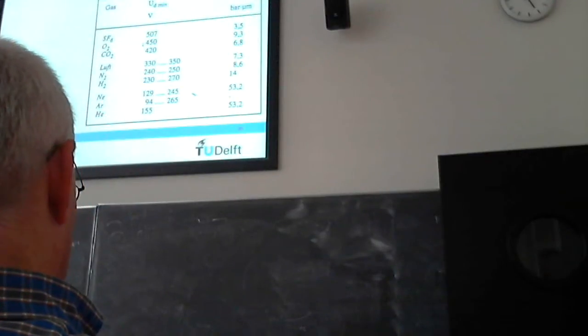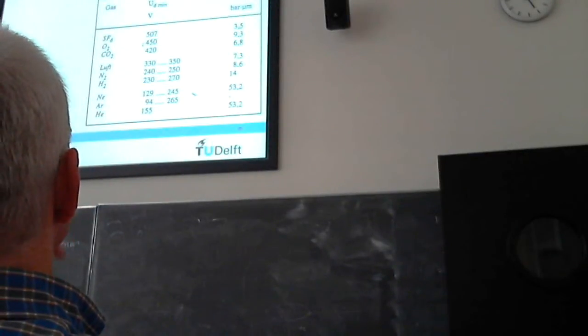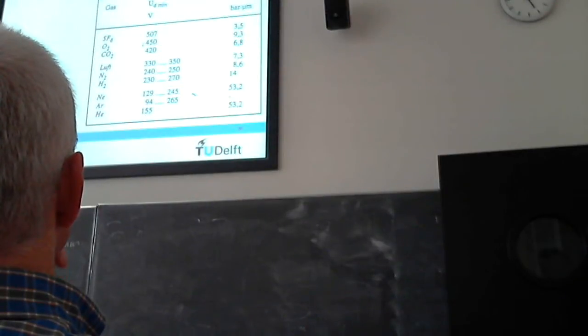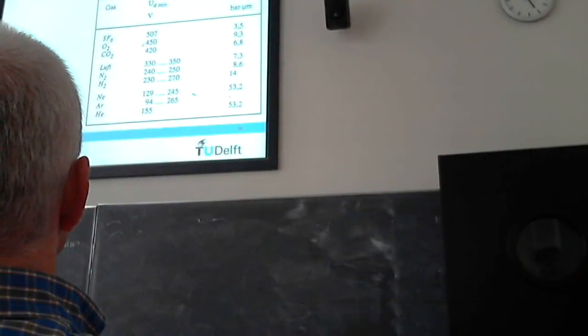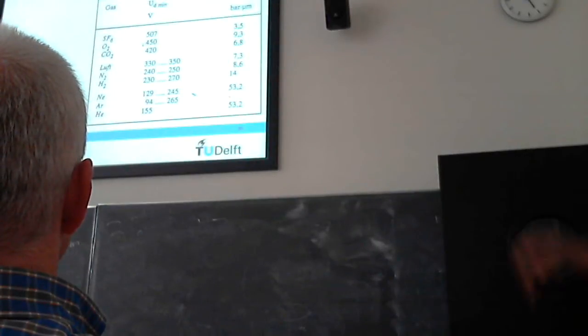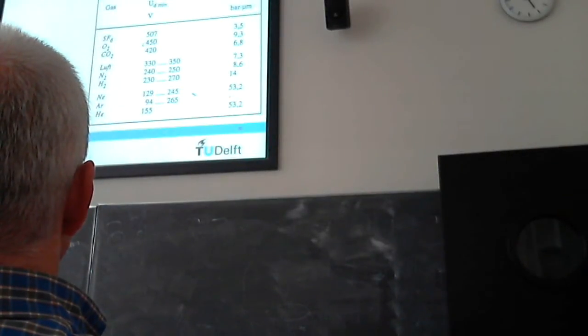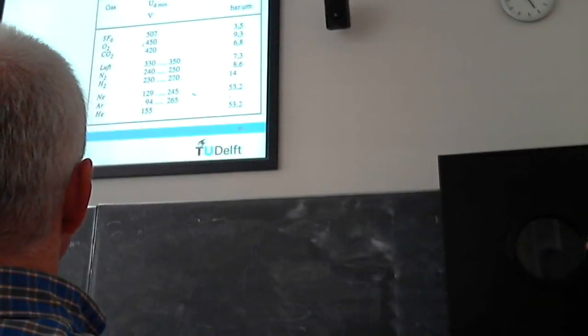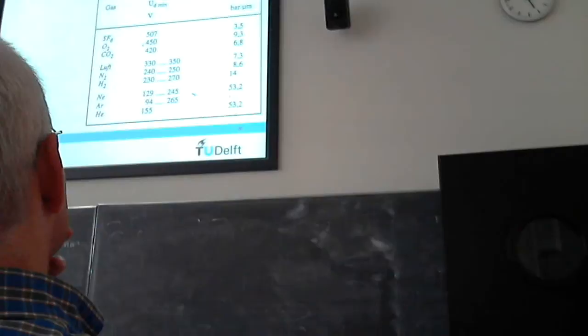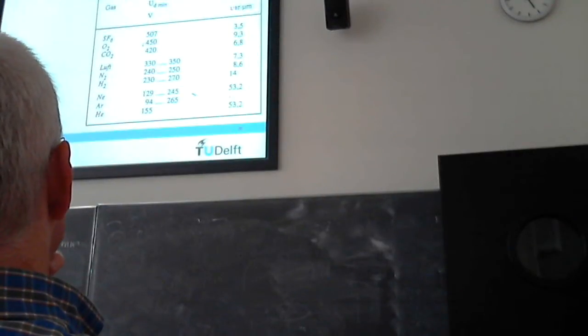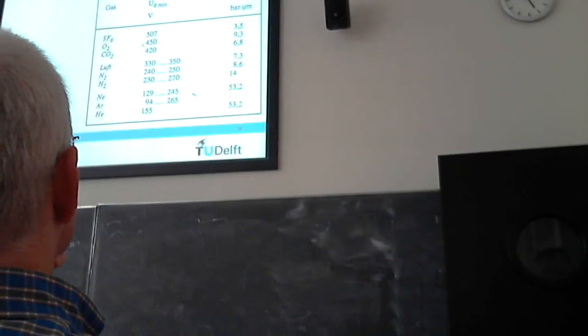Here you see the Paschen minima, so the voltages and the location of the minimum voltages for different gases. You see that for many gases that is around 300, maybe just 400, but the range is not so large. Here you see the position of the minimum. Now it's easier to remember units: bar micrometer.